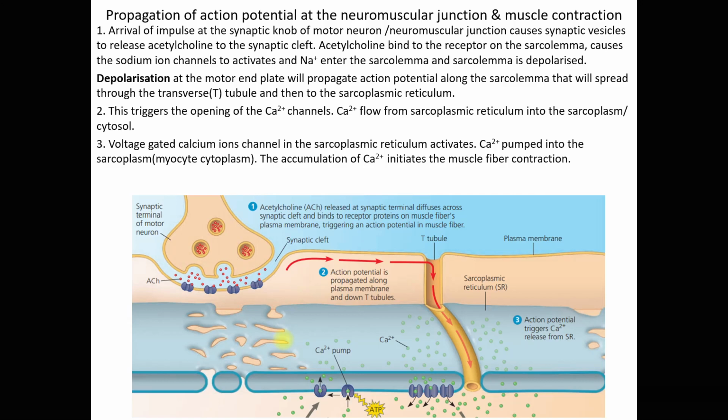The accumulation of calcium ions in the cytosol will initiate the muscle fiber contraction. So again, like I mentioned earlier, the sarcoplasmic reticulum regulates the calcium ion concentration in the cytoplasm of striated muscle cells.